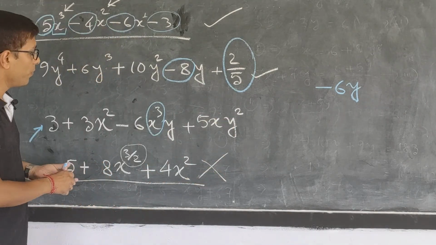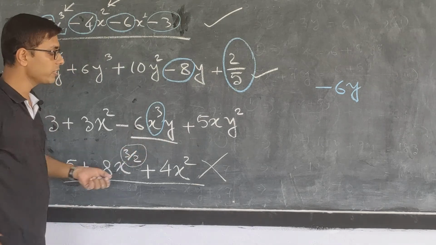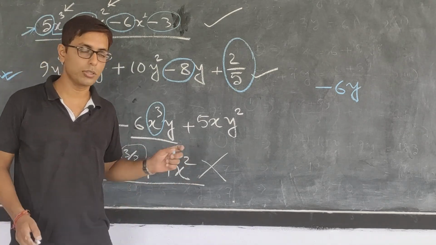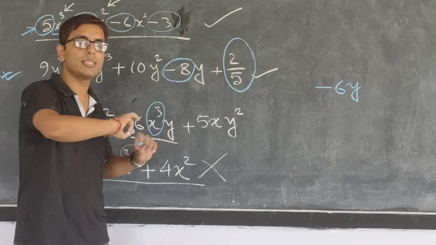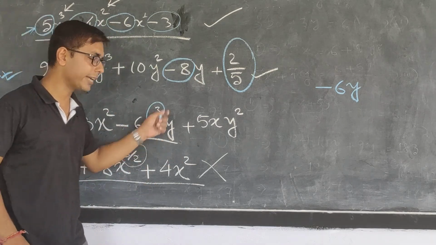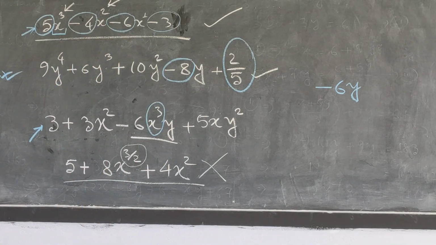Clear? Now if I ask you what is the coefficient of y here in this case? The coefficient of y, excluding y whatever is there, that is -6x cube is the coefficient of y in this case. So hope you have understood. In the next term, that is 5xy cube.